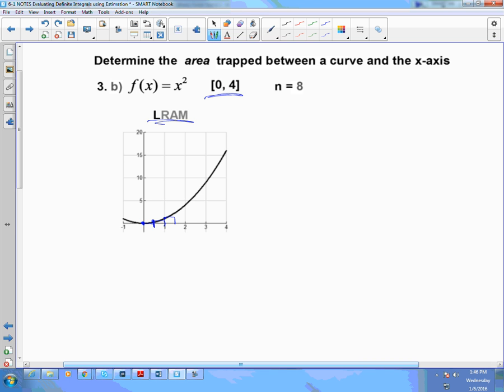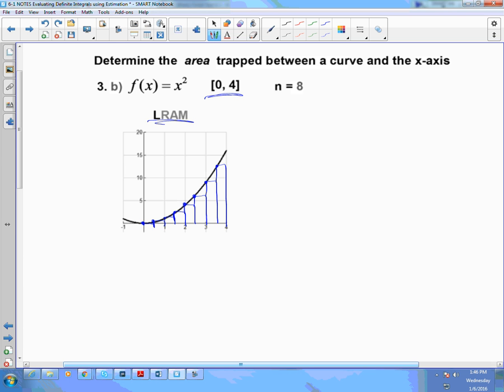And 1.5. That's 2. 2.5. 3. 4. Approximation.